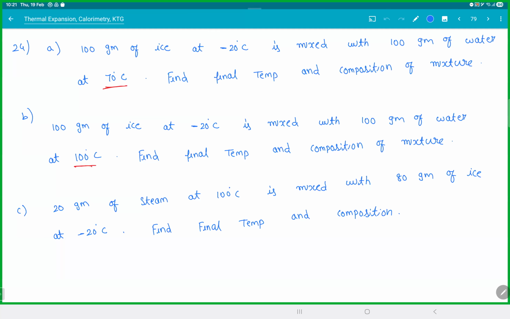If you mix them, find the final temperature and the composition. Right, Shriyant. Right, Rudransh.